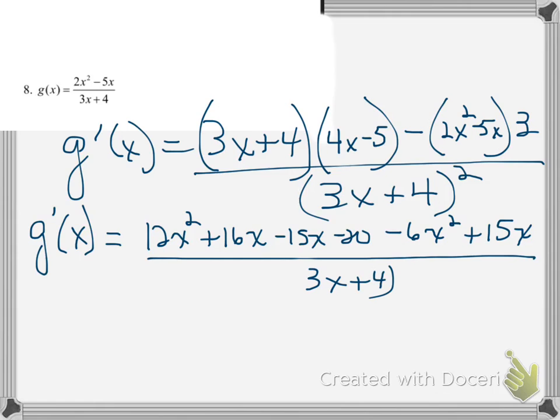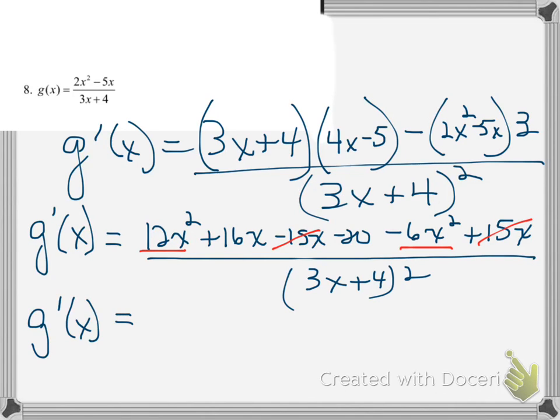3x plus 4 squared. I'm changing to red again. I see that the negative 15x and the positive 15x will cancel. I see that the 12x squared and the negative 6x squared will be combined. Nothing else will combine. So let me change back to my other color, and let's clean this up.